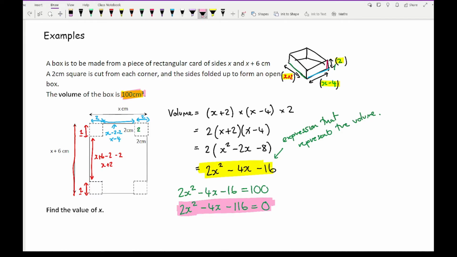So because they've told me that the volume is going to be a particular value, that's why I need to show that this here is the actual expression of the volume of this particular box, given the volume equals 100 centimeters cubed. So what I now need to do is solve this equation.